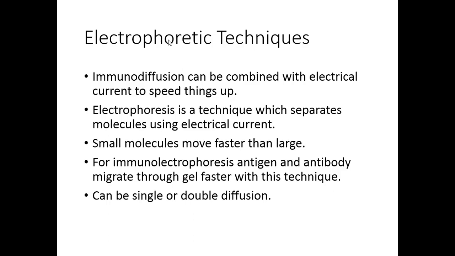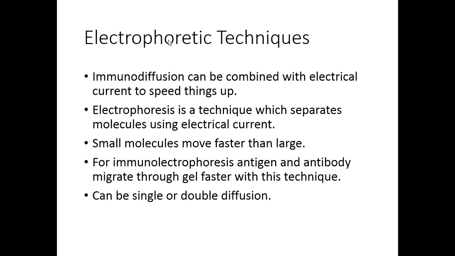Let's move on to electrophoretic patterns. Electrophoresis, we've talked about it briefly already, is an immunodiffusion technique that we combine with electrical current. And what does that do? Speeds things up a little. We separate the molecules in gel by applying an electrical current.